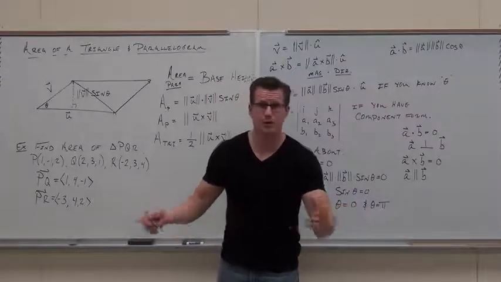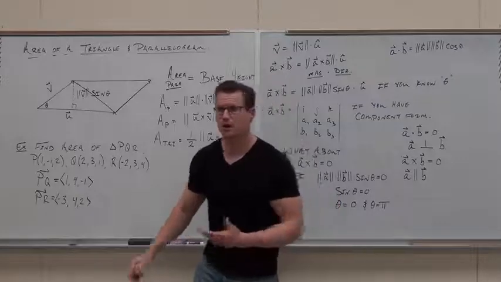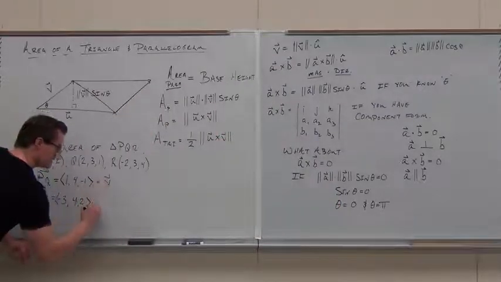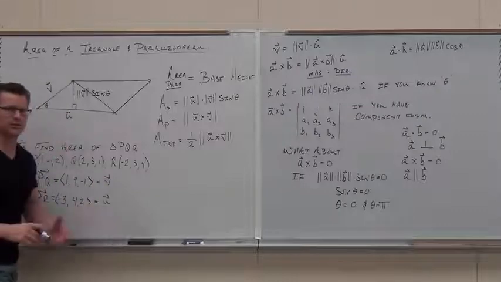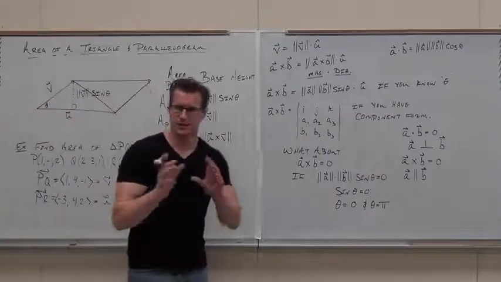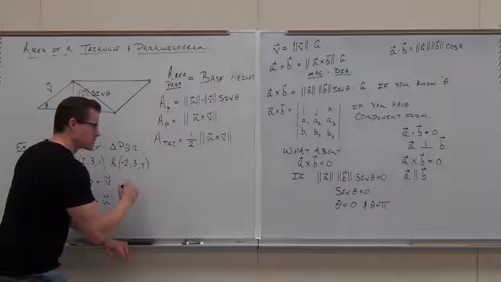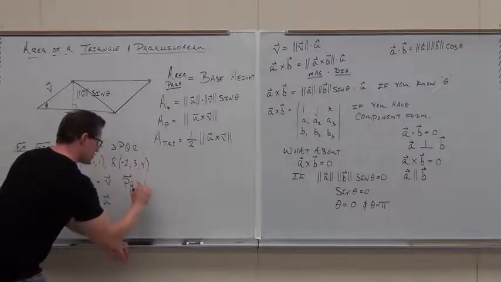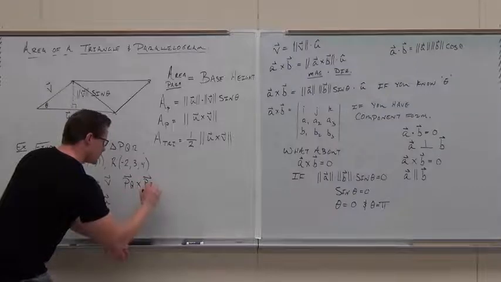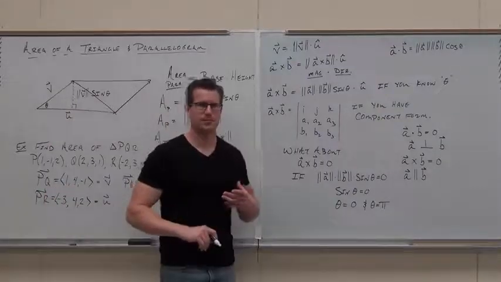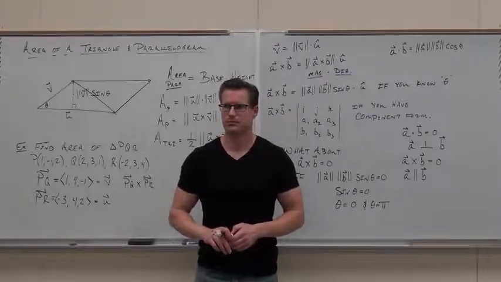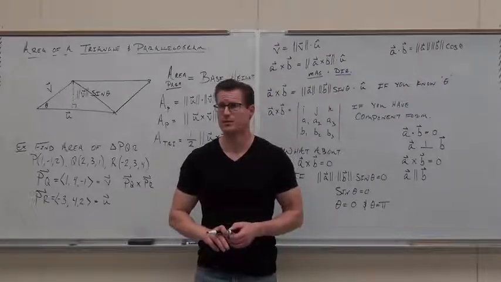If it helps you, and you're like, man, I don't know about PQ, then call this one vector V, and call this one vector U. I don't care what you call them, but at some point, you're going to have to do the cross product in order to find the area of a parallelogram. Well, at least find it easy.